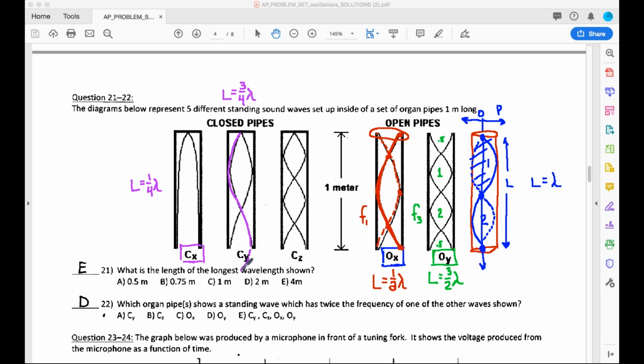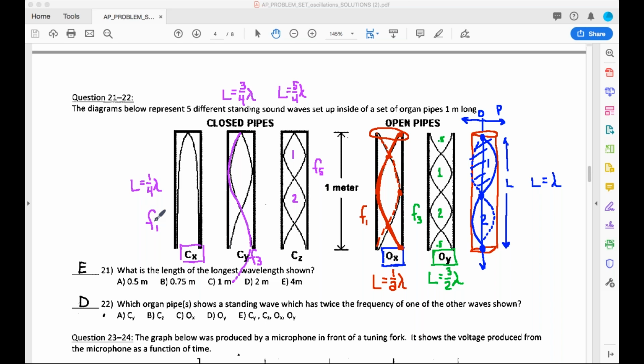The last piece of the wave would be that. And then finally, we get one complete wave plus another quarter of a wave. So C subscript Z is 5/4 lambda. This is the fifth harmonic frequency, and C subscript Y is the third harmonic frequency, and this is the first harmonic frequency. Remember that for a closed tube resonator, there are no even integer harmonics, only odds.